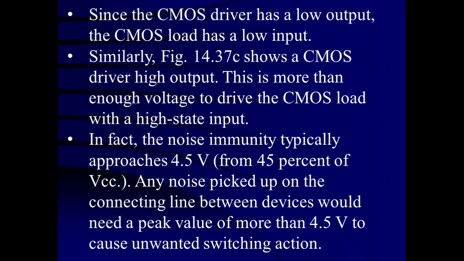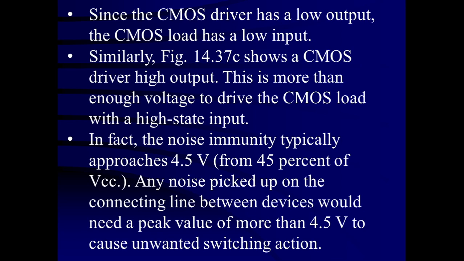Since the CMOS driver has a low output, the CMOS load has low input. Similarly, figure 14.37c shows a CMOS driver with high output. This is more than enough voltage to drive the CMOS load with a high state input.